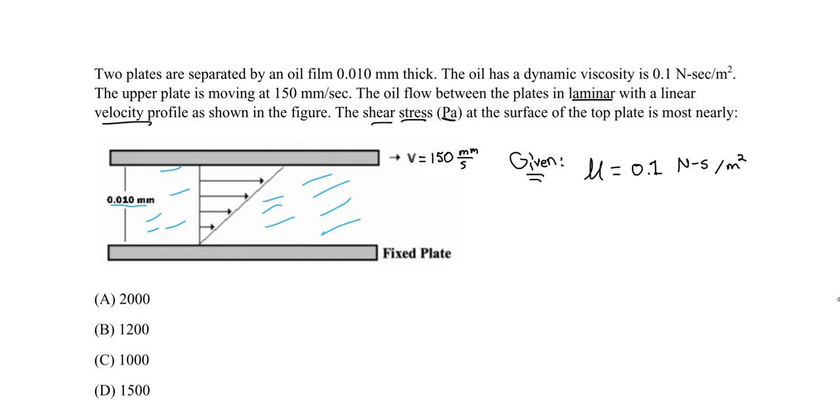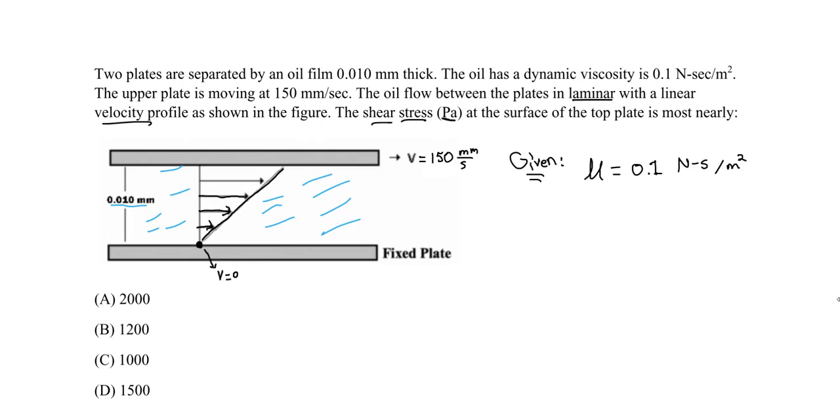So we know here that the velocity profile is going to vary. At the bottom plate, based on the no slip condition, we know the velocity is going to equal 0, because the plate is fixed. So we start at 0, then we gradually, in a linear fashion, increase to a velocity as denoted by these arrows.